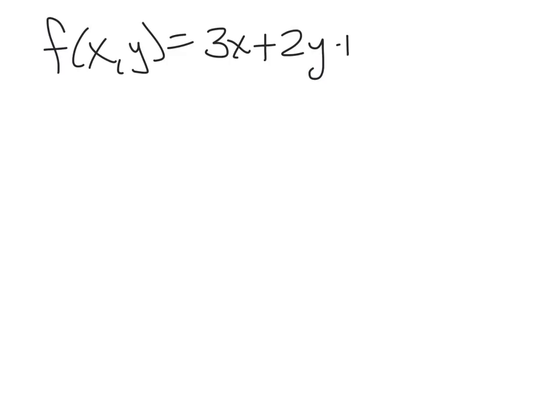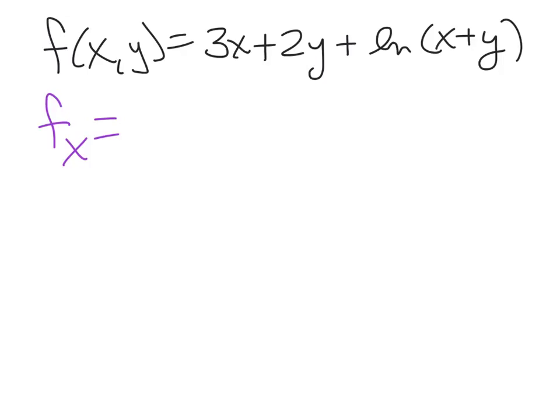Let's do a logarithm. We have a function, f of x, y, equals 3x plus 2y plus the natural log of x plus y. Let's take the derivative with respect to x, which means the y is a constant. Do it term by term.